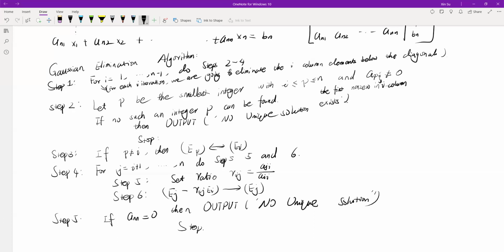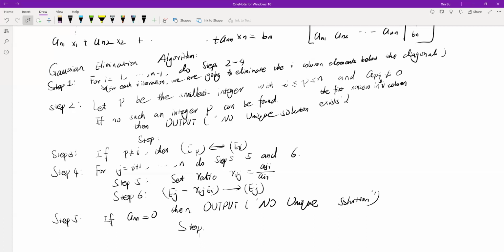And let's see, why do we have such a thing here? That's because if you take a look at step 2 and step 3, this is preparing for the row elimination process. Let's see what we have for step 2 and step 3.